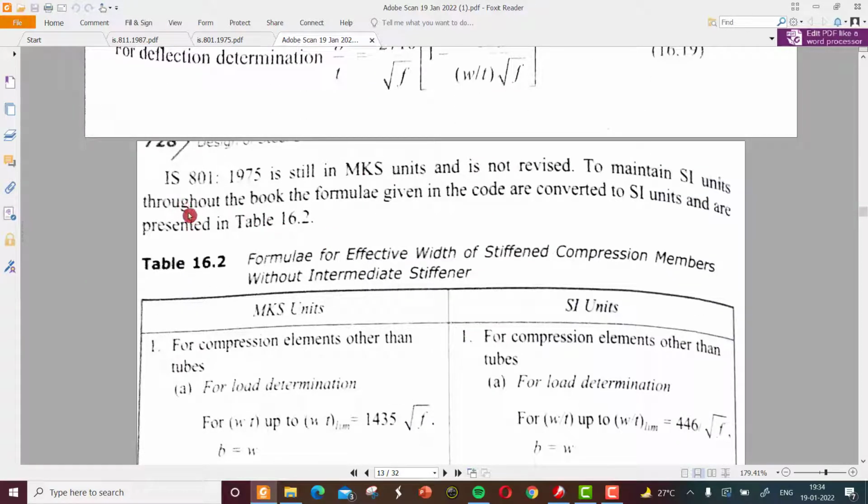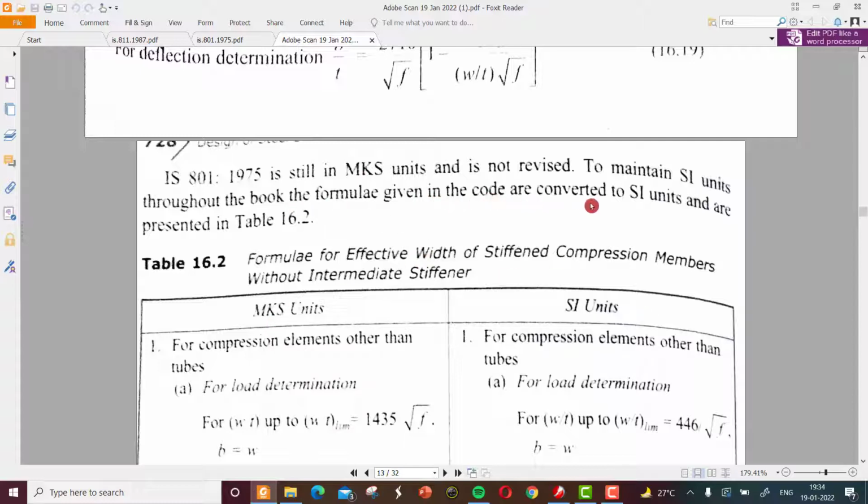And this is an important thing before we look into the problem. IS 801 1975 is still in the MKS unit system. It is in meter kilogram second, and it is not revised to maintain SI units. For this book, they have actually converted this MKS unit to the SI units.